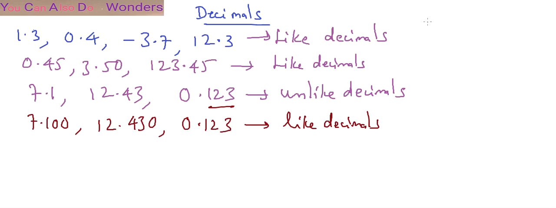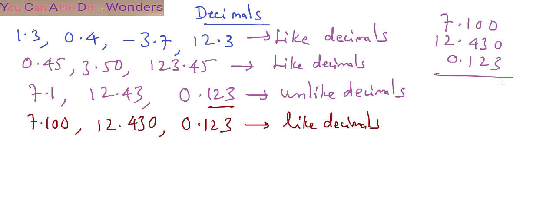This is how we add. 7.100, 12.430 and 0.123. So what do we get? 3 plus 2 is 5, 4 plus 2 is 6, 9, 1.